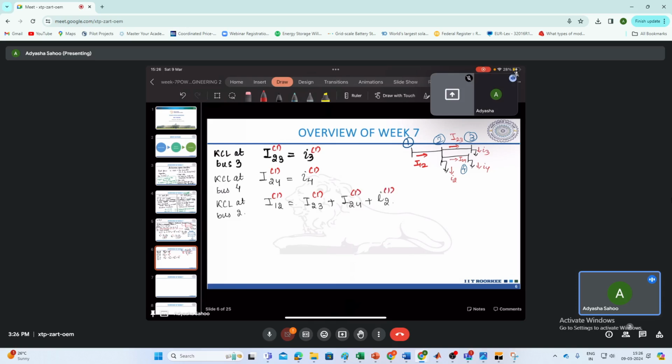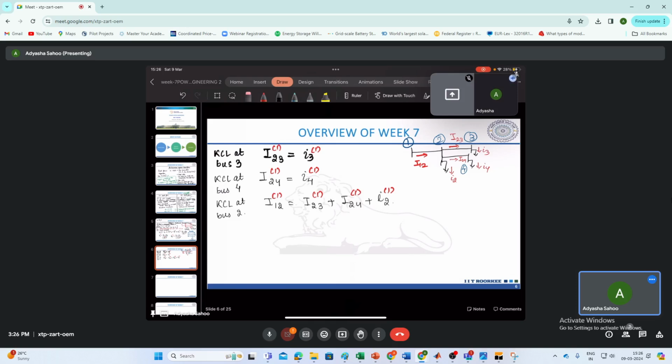So this was the backward step. So starting from the end of the feeder or at the tail end of the system, we start computing the load currents and then we write the KCL backwards from the last bus towards the head node. Right. Then we will go forward for calculating the voltages.